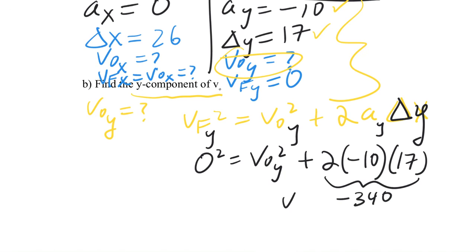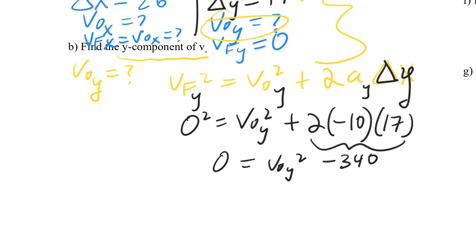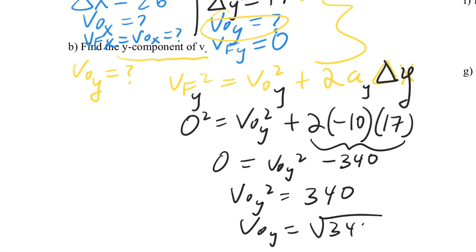So VOY squared minus 340 equals 0, so VOY squared is equal to 340. So VOY is equal to the square root of 340, which equals 18.4 meters per second.